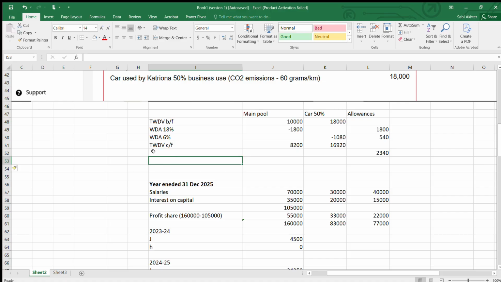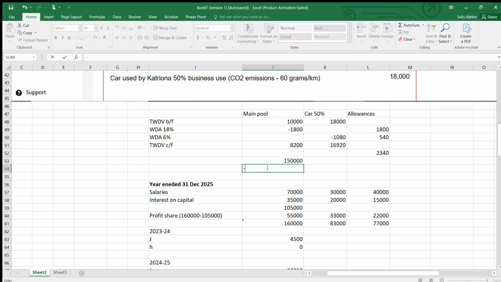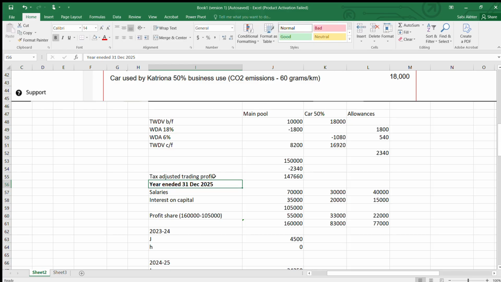So from 150,000, you will be deducting 2,340, which is your capital allowance. Then you get, done, your tax adjusted trading profit. So you get one tax adjusted trading profit. Now you will allocate this among 40, 30, 30.